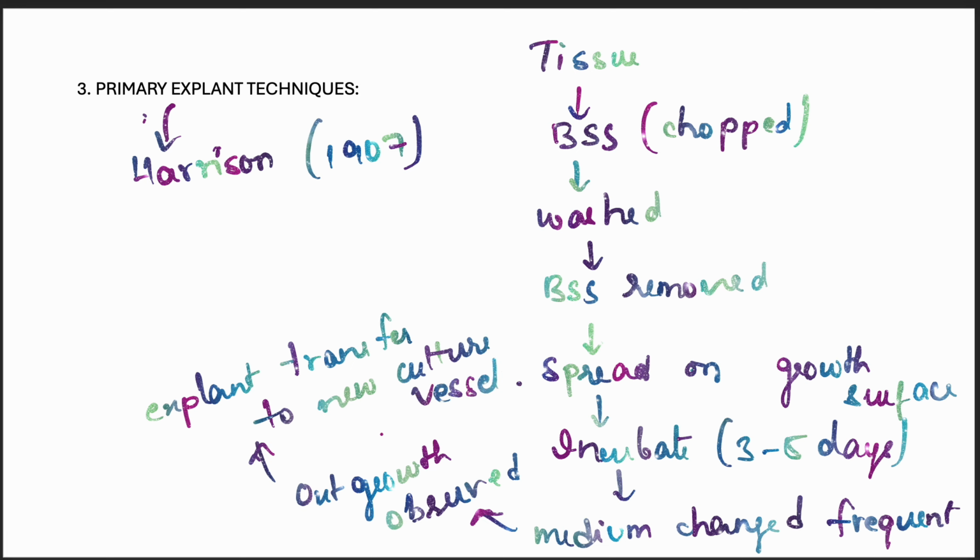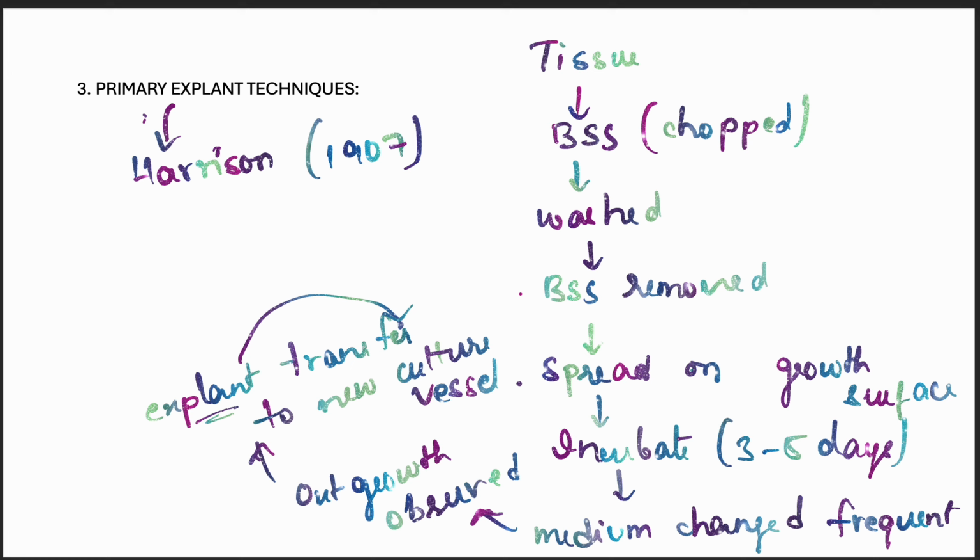So this is the method. Here the explant is developed first, then this explant is grown as a primary culture. Such a process we call the primary explant technique. So these are all the methods of primary culture.